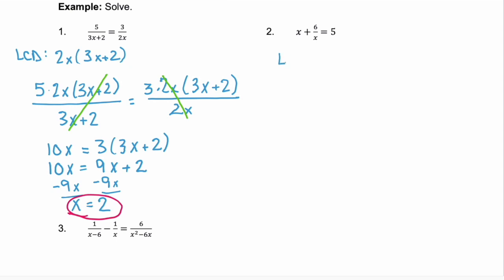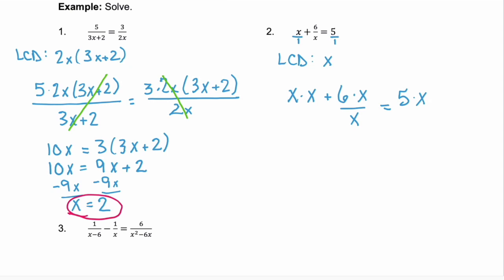What's our LCD here? Well, the first term has a denominator of 1, and the last term has a denominator of 1. So the LCD is just x. So we multiply all 3 of these terms by x to get x times x plus 6 times x over x equals 5 times x.